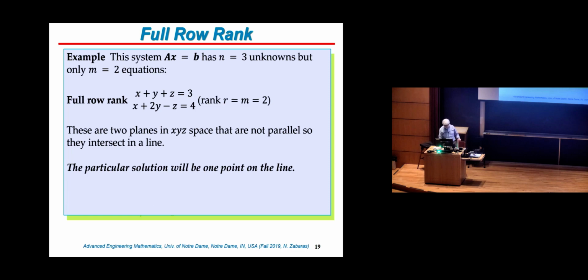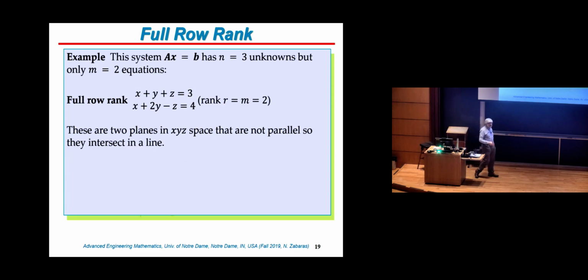So before I give you the solution in terms of the matrix R, can you visualize the solution? You know, x plus y plus z equal to 3, what is that geometrically in 3 dimensions? It's a plane. So here is one plane, and then x plus 2y minus z equal to 4 is what? It's a plane. So if you have two planes, the intersection is the solution.